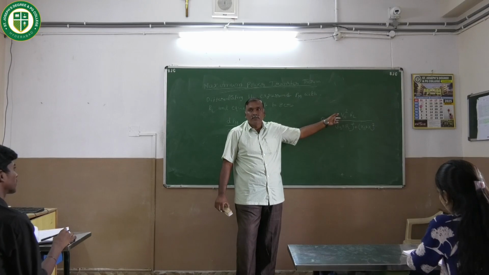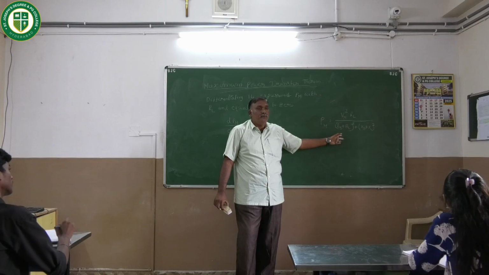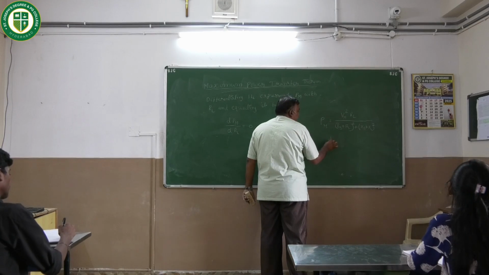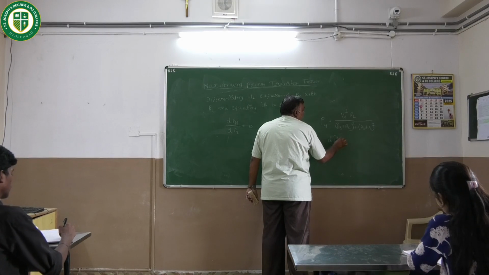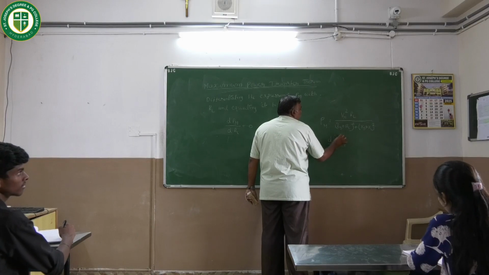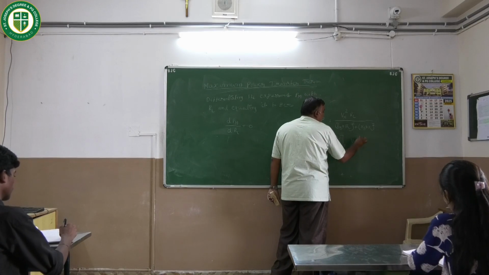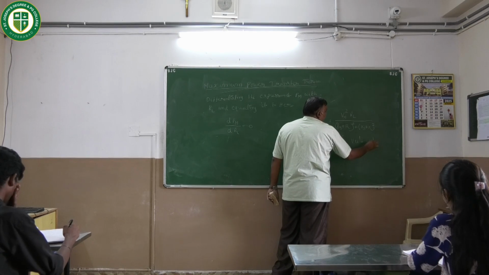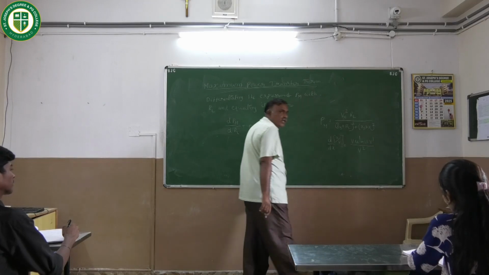It is in the form of u by v. What is the differentiation of u by v? It is v into u dash minus u into v dash by v square. This is the formula, right?